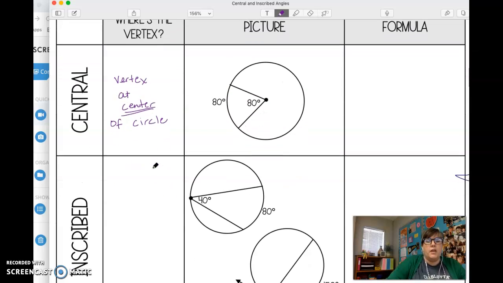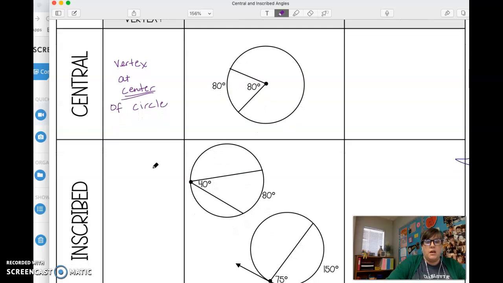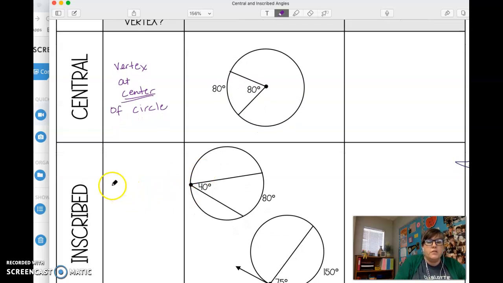And if we have an inscribed angle, the vertex of the angle is on the circle. It's going to be very important as you're working with these two types of angles that you identify where the vertex is located so that you know which relationship it is that you're using.